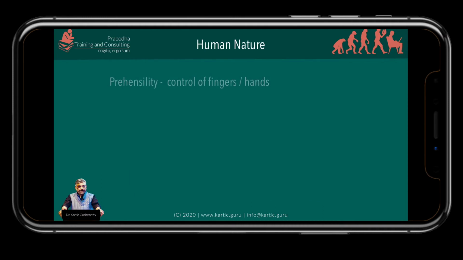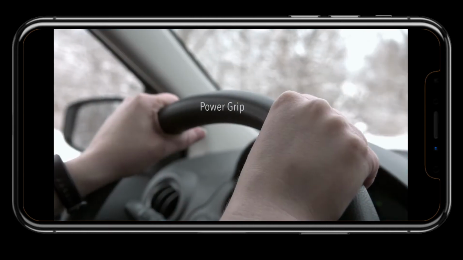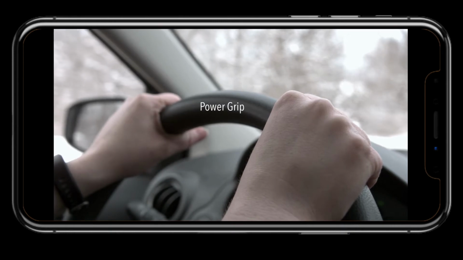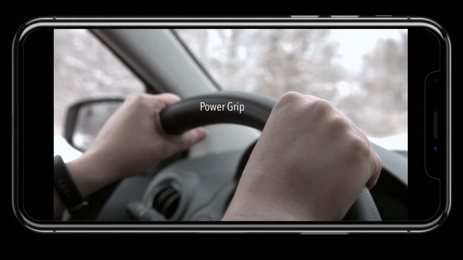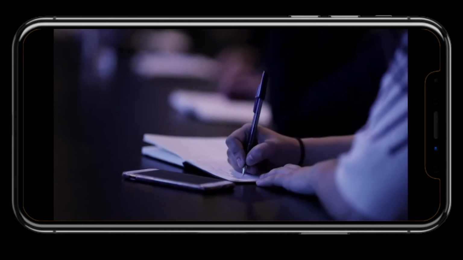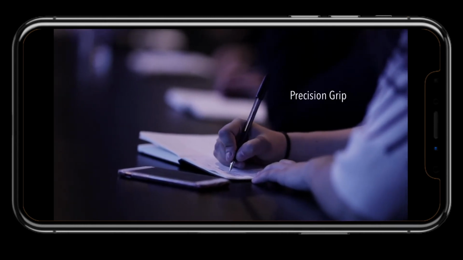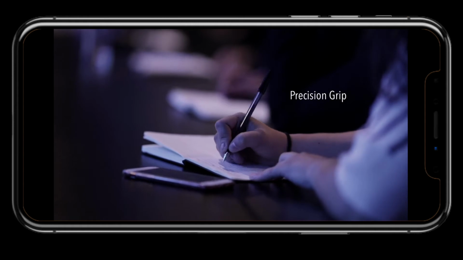So one ability is the ability to move your fingers. This is called prehensility. The second is an ability to move your thumb independent of the other fingers, and this is called opposability. Prehensility has given us what is called a power grip. I am able to hold the object very firmly like this. And opposability has given me a grip which is called a precision grip.